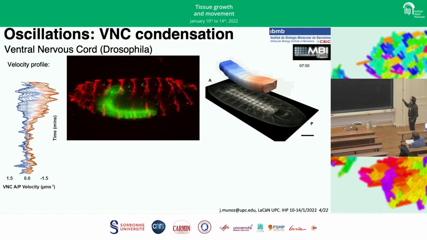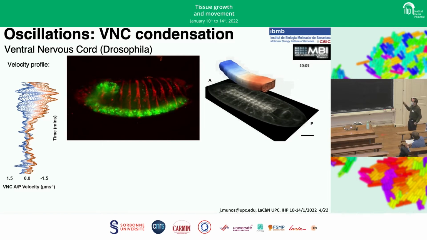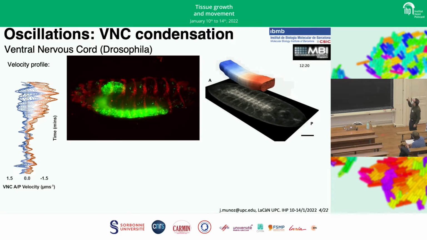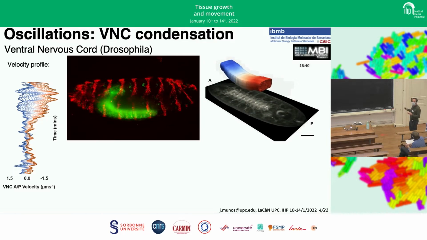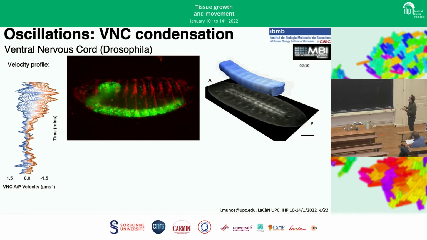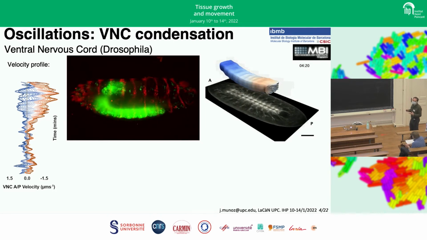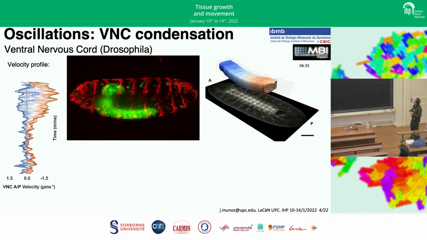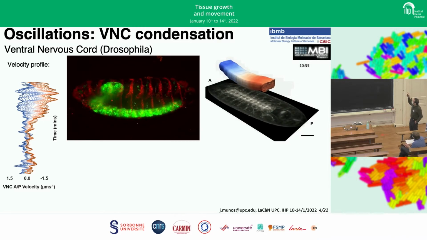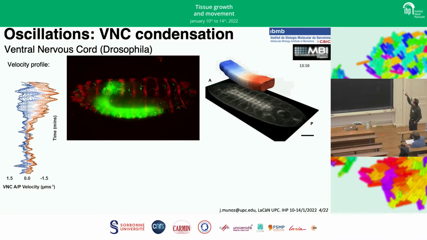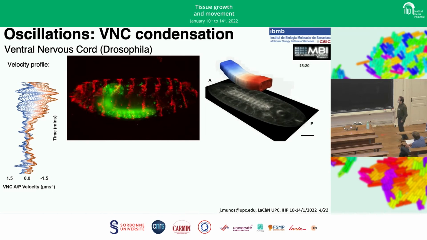And we see that the segmented structure is also preserved, but detached from the segmented structure that you have for the epithelium. So the two segmented structures don't go together, they detach from each other. So there is some friction interaction between the ventral cord and the environment that surrounds it, which is the part of the epithelium.